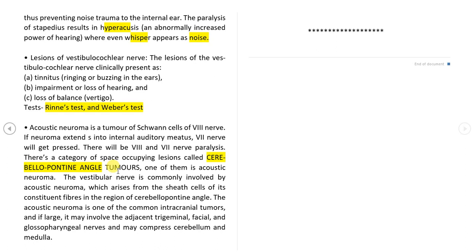You will learn this in brain stem. So in case of this space occupying lesion or tumor, these nerves are compressed and it will result in lower motor neuron palsy symptoms.